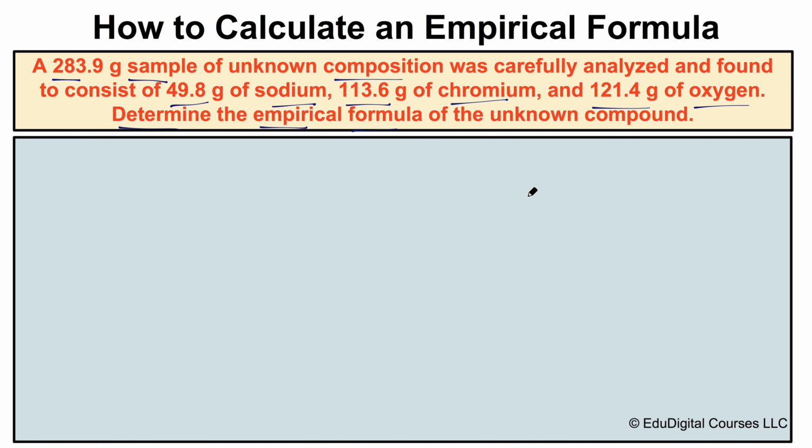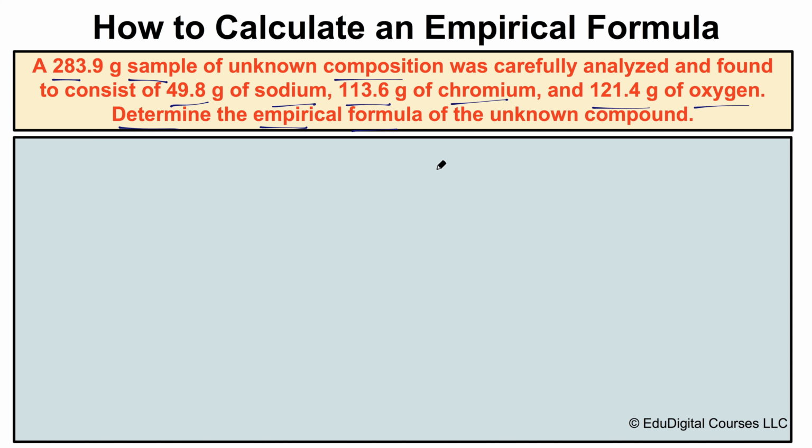So we have a compound here, and all we know about the compound are the masses of the individual elements that make up this compound. So we have a compound that's 49.8 grams of sodium, 113.6 grams of chromium, and 121.4 grams of oxygen, and we need to determine the empirical formula of the unknown compound.